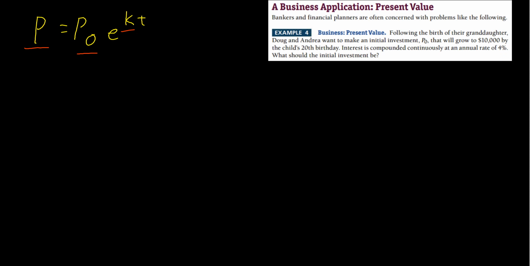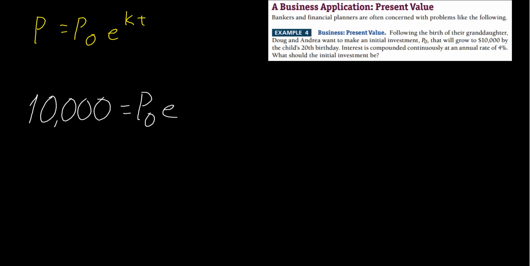So following along with this equation, we want $10,000 in the account, so that is the P. We're trying to figure out the initial amount. So how much should I invest? And then e to the, k is 4%, so that is 0.04, times t, which is going to be 20.